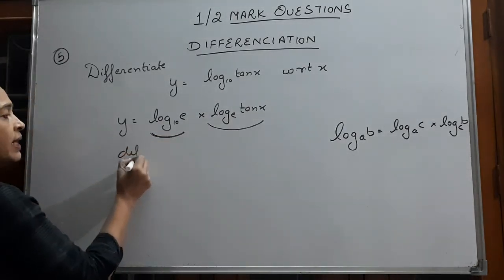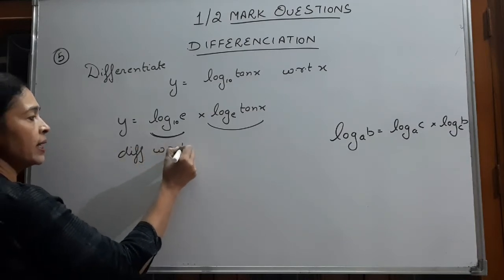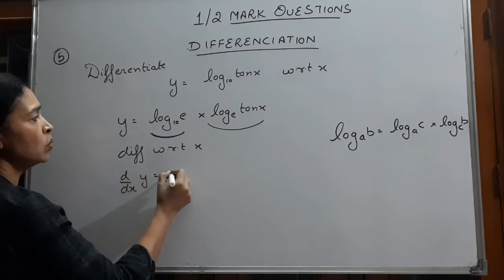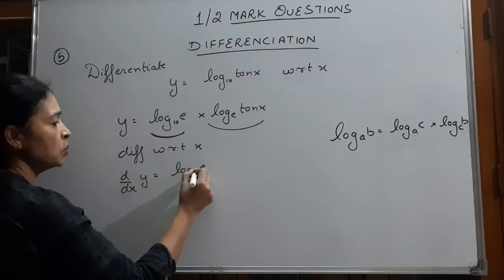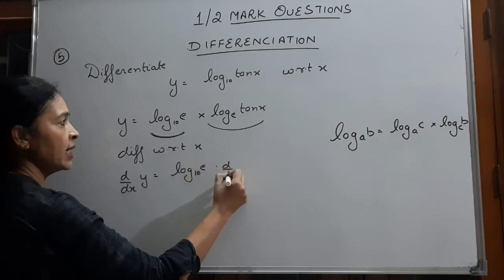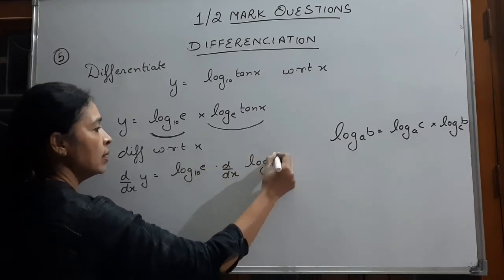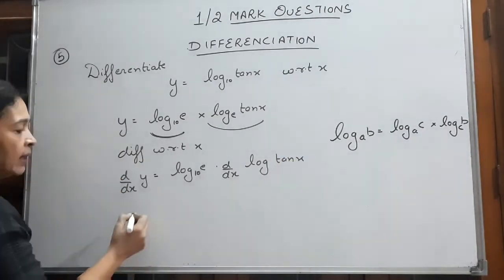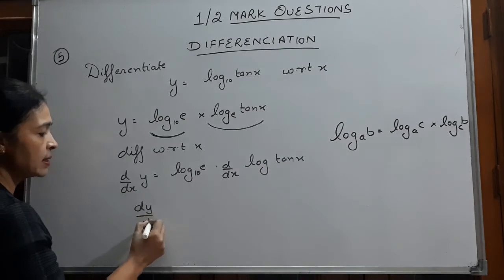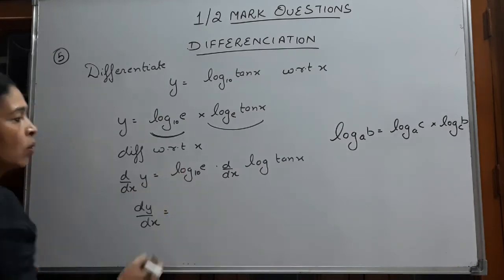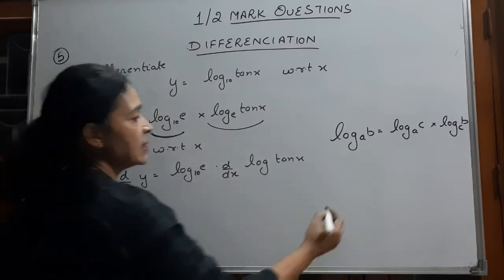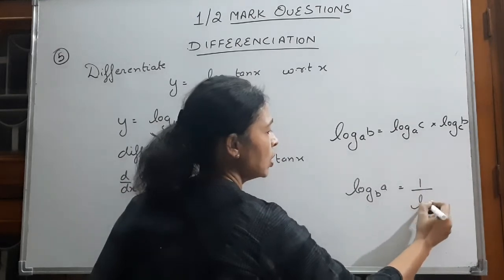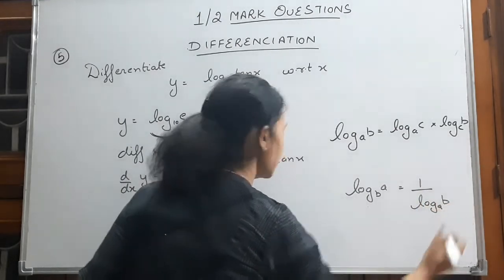Now differentiate with respect to x. d upon dx of y equals log e to the base 10 into d upon dx of log 10x. The derivative of y is 1 into dy by dx equals, now log e to the base 10, log a to the base b can be written as 1 upon log b to the base a.